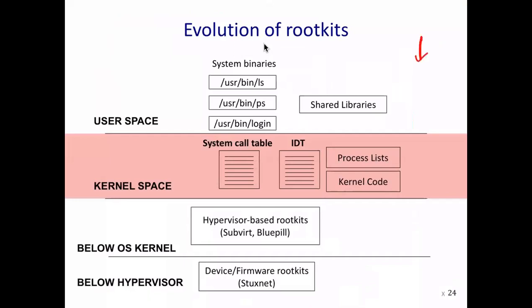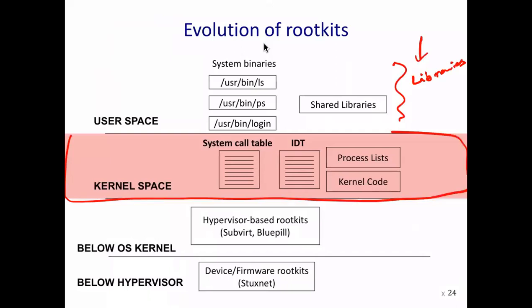This is what a system or OS looks like, right? There are some libraries here which work in user space, and there is kernel space stuff, which you studied in the OS course, like the system call table or interrupt table, process list, kernel code, etc. So it's part of kernel space, right?